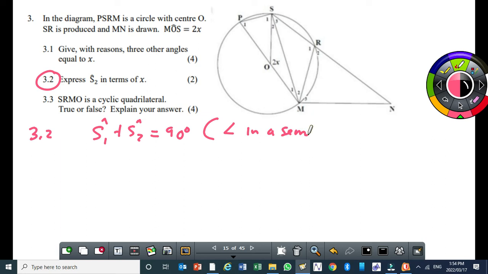Please, it's not angles in a semicircle. It's one angle, therefore it's angle in a semicircle. Don't say angles. There's one angle which is subtended by the diameter, not two angles, one angle. So here we know what S1 is, so S2 is going to be 90 degrees minus S1.